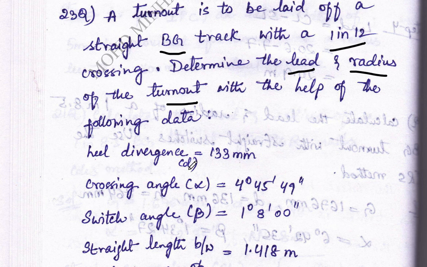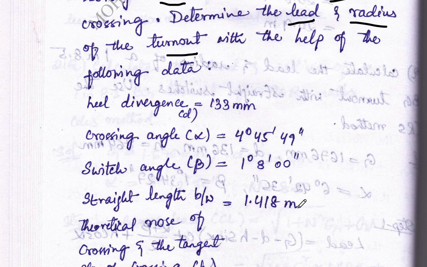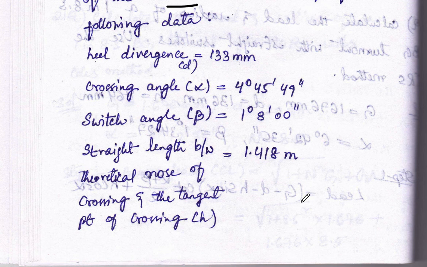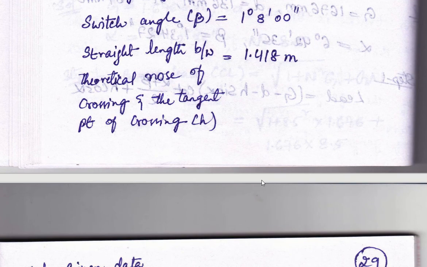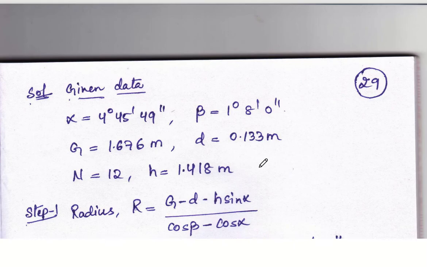Given data is divergence d, crossing angle alpha, switch angle beta, and the straight length between theoretical nose of crossing and tangent, which is denoted by h.